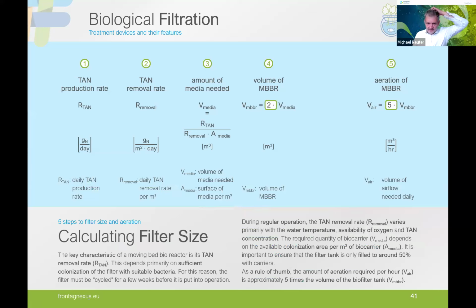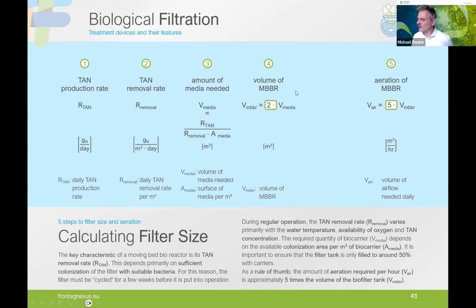Here also we can calculate the filter size that is needed. If you look at the typical production rate of TAN that we have daily in our system in grams per day, and then at the removal rate that is usually given in grams per day per square meter of growing area for the bacteria, then we can calculate how much media we need if we take into account the square meter per cubic meter ratio of the biocarrier that we are using.